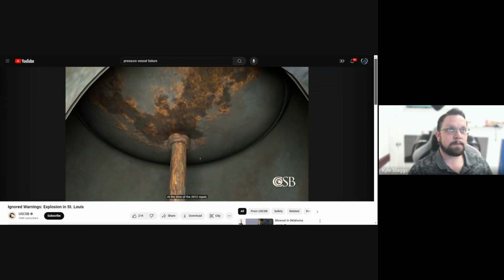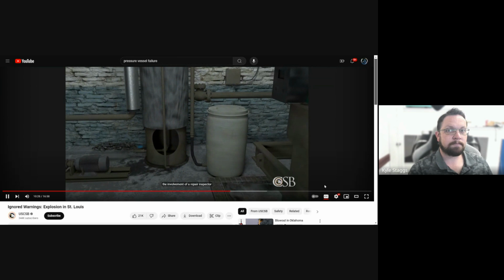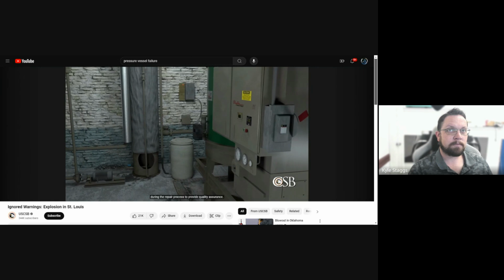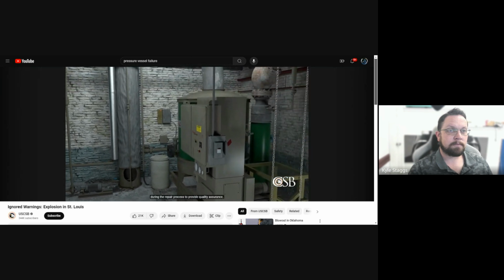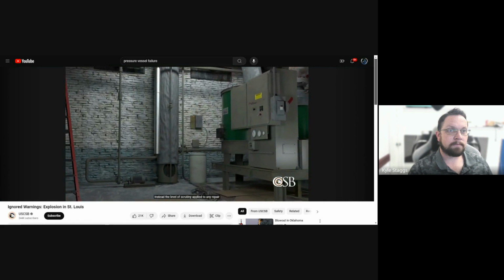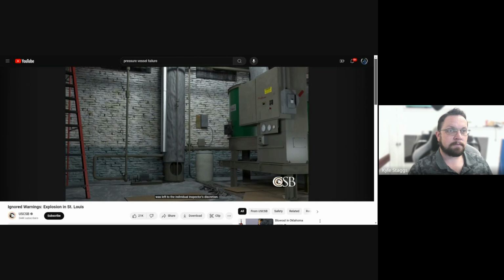At the time of the 2012 repair, National Board Code required the involvement of a repair inspector, but did not require specific inspection points during the repair process to provide quality assurance. Instead, the level of scrutiny applied to any repair was left to the individual inspector's discretion.